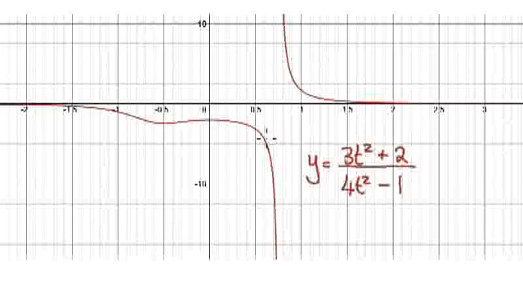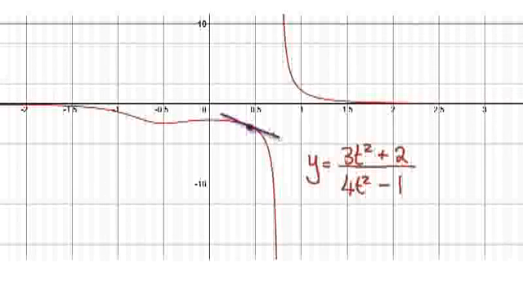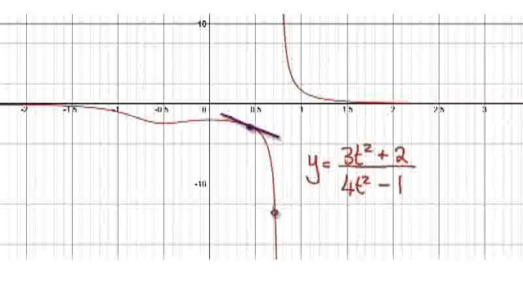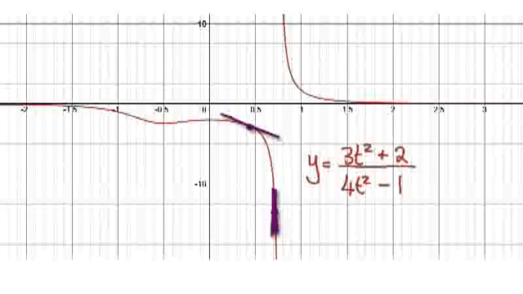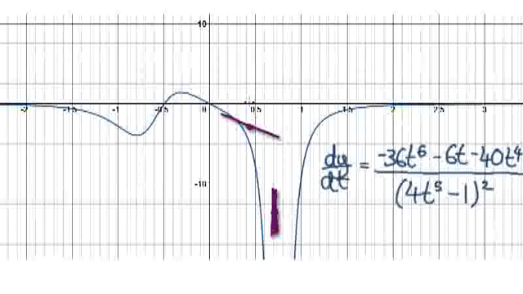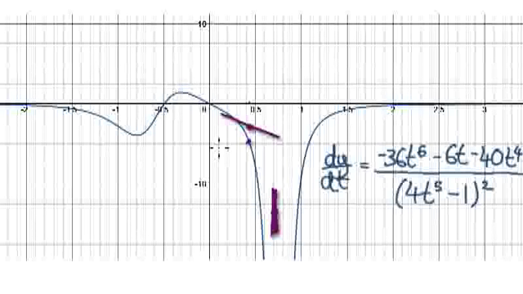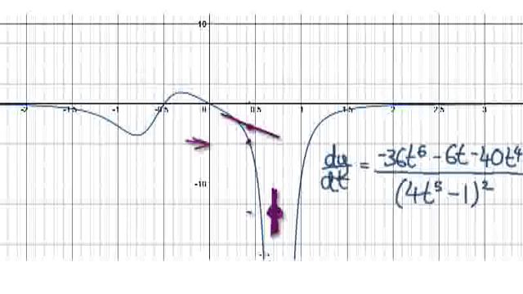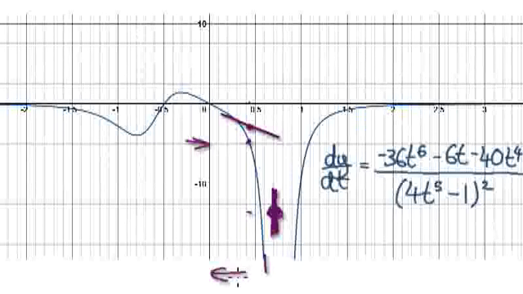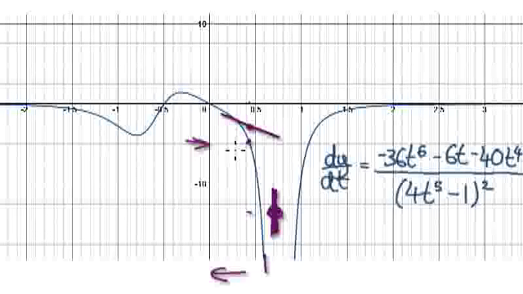For example, if you look at this point here, you see the gradient here is negative, and it's not that steep. The gradient here is negative, and it's really steep. Okay, so if you look at the gradient graph, you see at this point here, the gradient, yes, it's negative, but come this point here, the gradient's negative, and it's really big negative, if that makes sense.